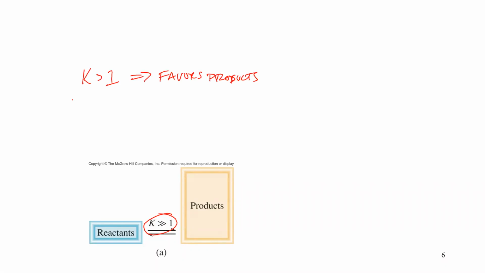Sometimes we say, towards the products. Another way we say is that the equilibrium lies to the right. The equilibrium shifts towards the products, and so equilibrium lies to the right.